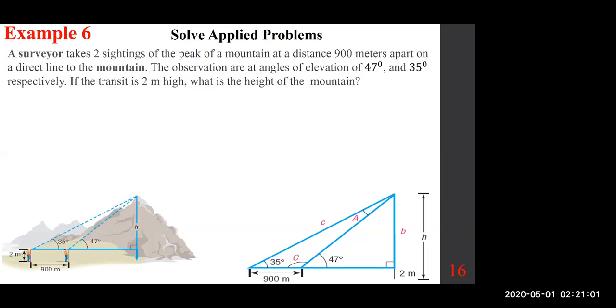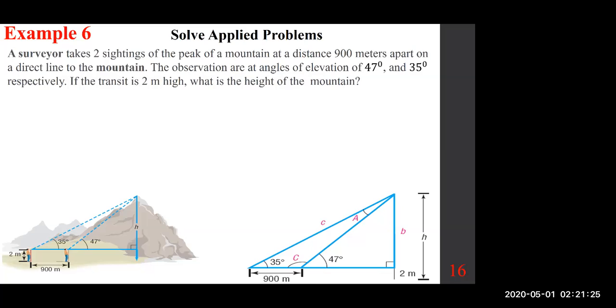So it gives us 2 triangles. Eventually we want to get to H, remember that. In order to get to H, you can ignore the 2. All we have to do is calculate B, whatever the value of B is, then we add 2. Does that make sense? So what is the process?